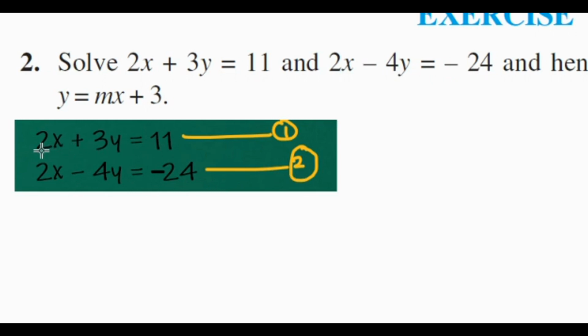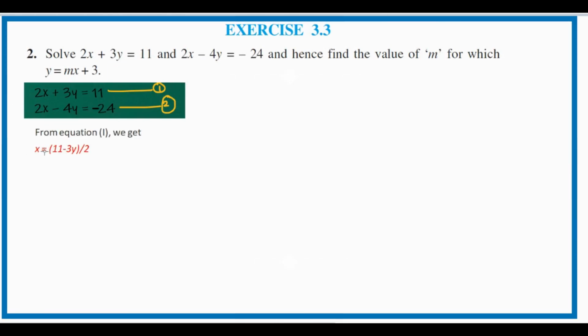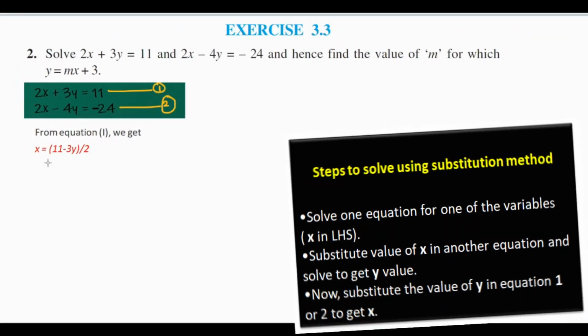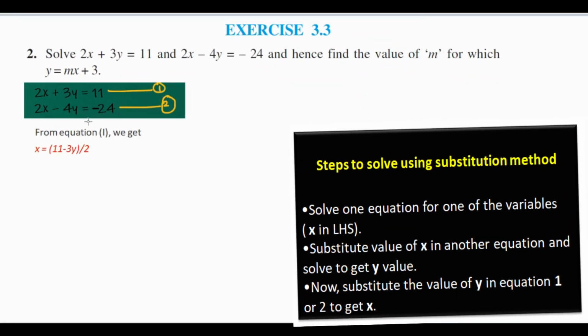Now, as we said, the first step of the substitution method is to convert the first equation so that x is on the left hand side. Once we convert, x will become 11 minus 3y by 2. This is the first step. The second step of the substitution method is we have to replace the value of x in the second equation.